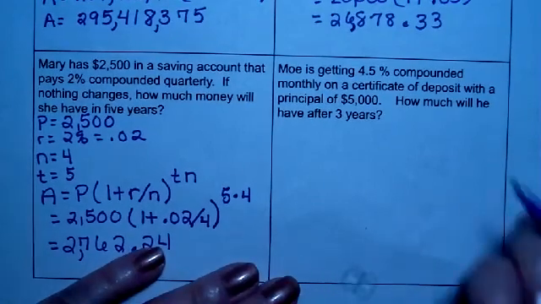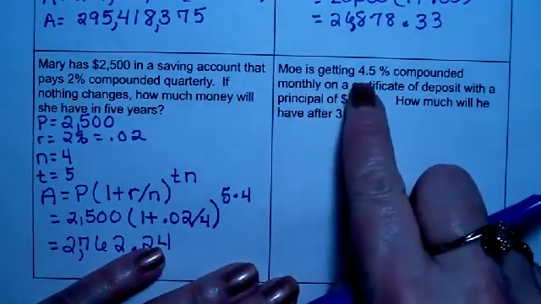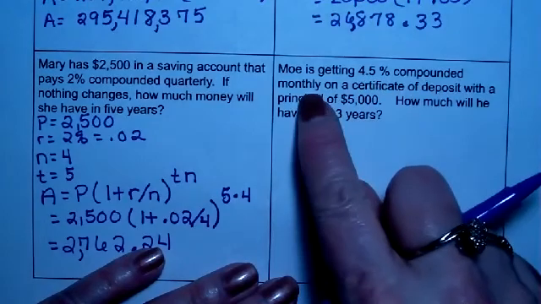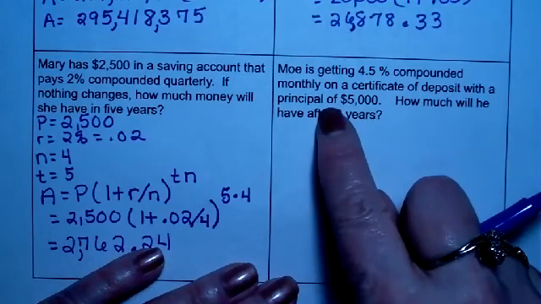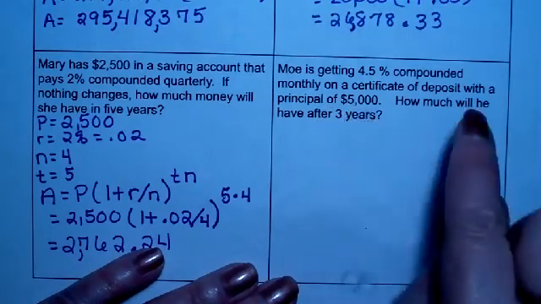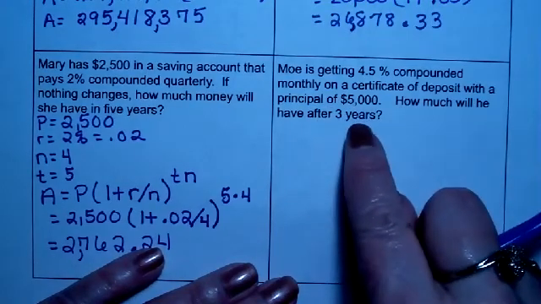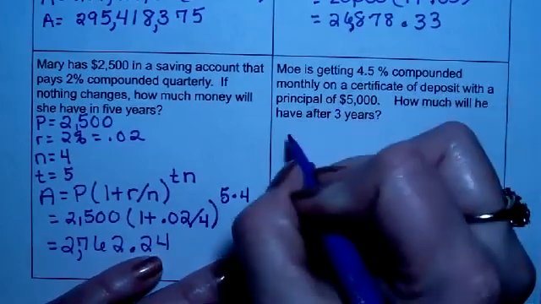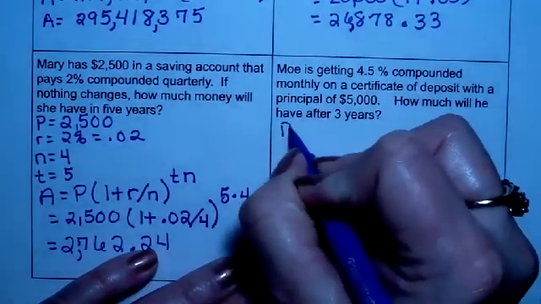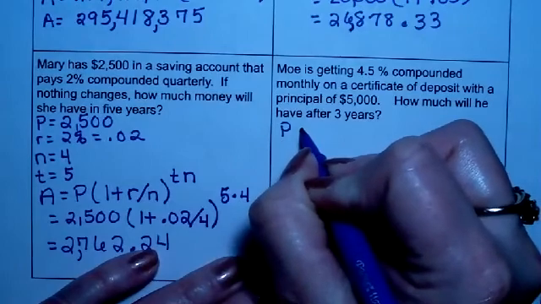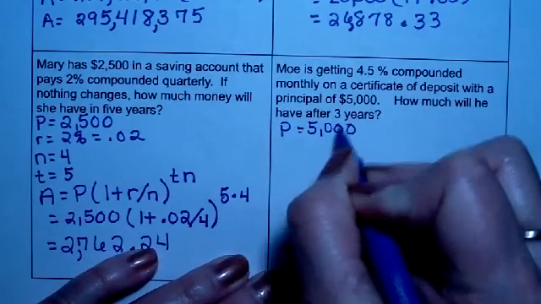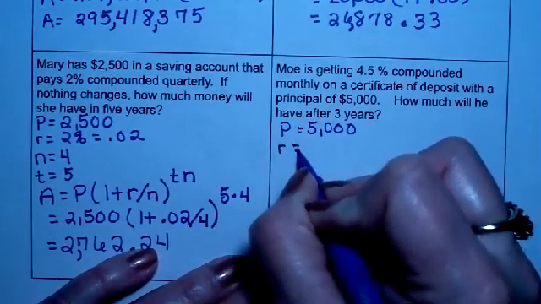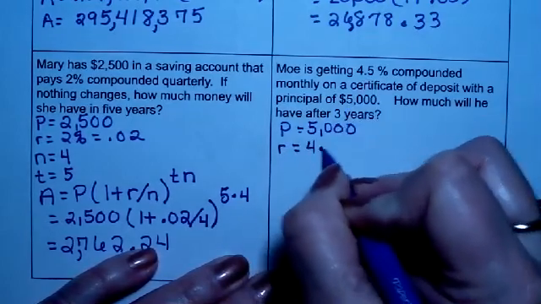Now, let's take a look right here. Mo is getting 4.5% compounded monthly on a certificate of deposit with a principal of $5,000. How much will he have in 3 years? So, same type problem, just worded a little different. Our principal, we're told, is $5,000. Our R is 4.5%.